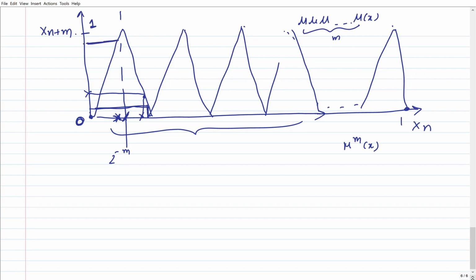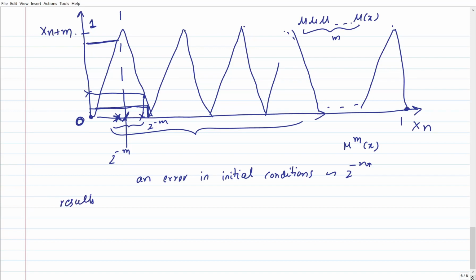So roughly an error in specifying the initial condition, this error was roughly of the order of 2 to the power of minus m.